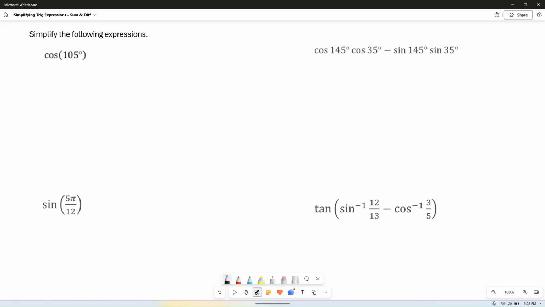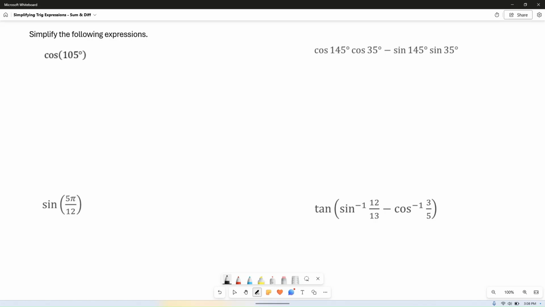To do that, we need to think of 105 degrees as the sum, or the difference, but we'll do sum this time, of two angles that are unit circle values.